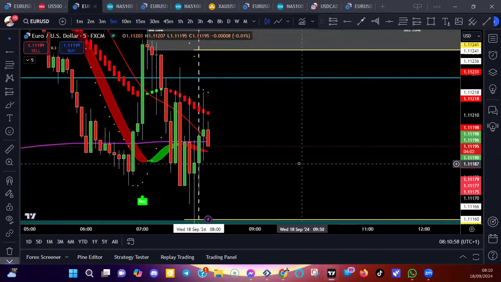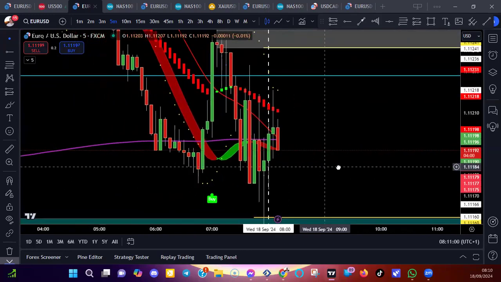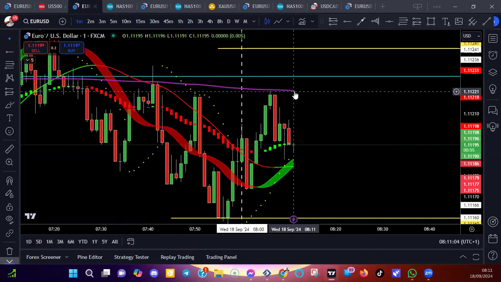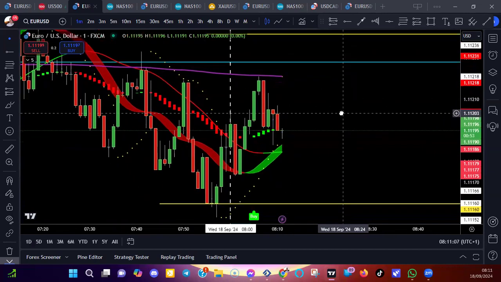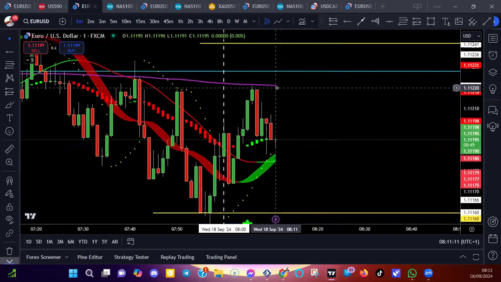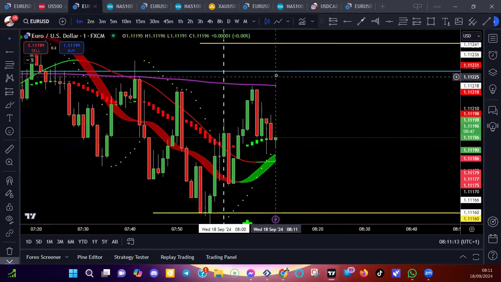I must admit, I nearly got in. And if it had jumped the purple line there, I would have got in. And indeed, I still might get in because we've got the parabolic style there now. So that's telling me that price has to go up there.